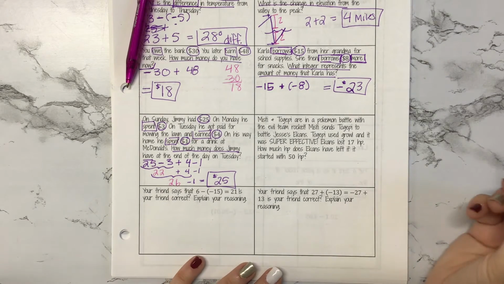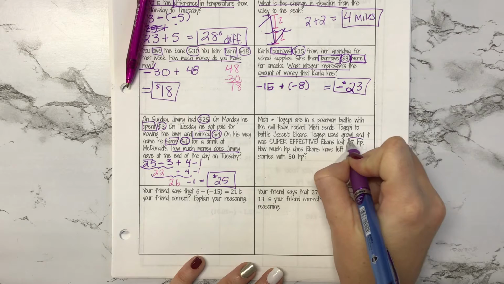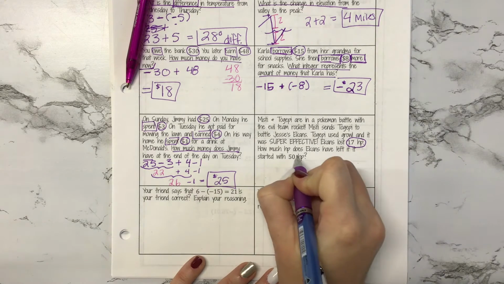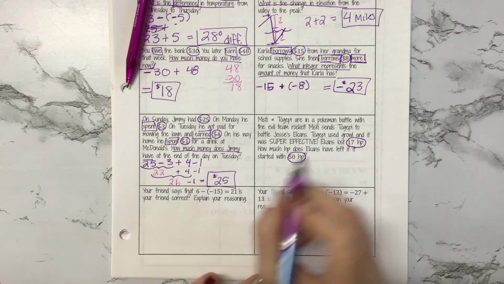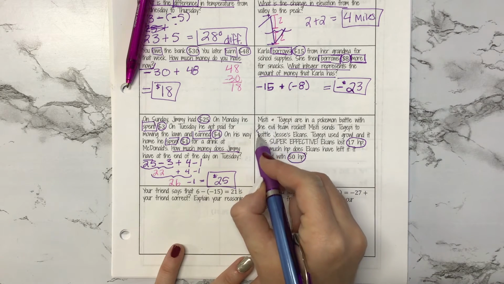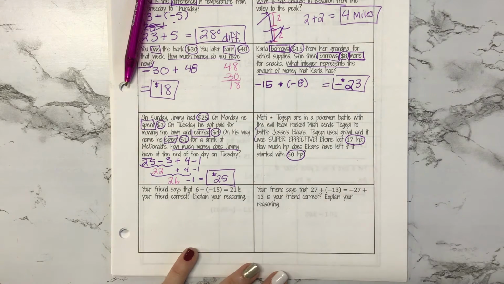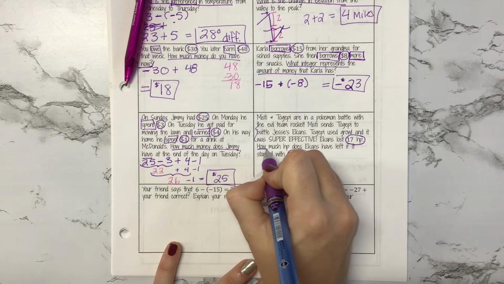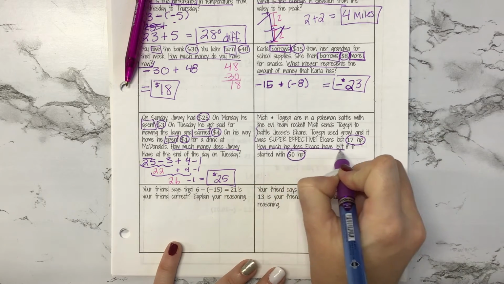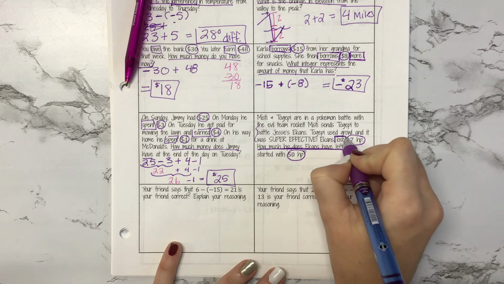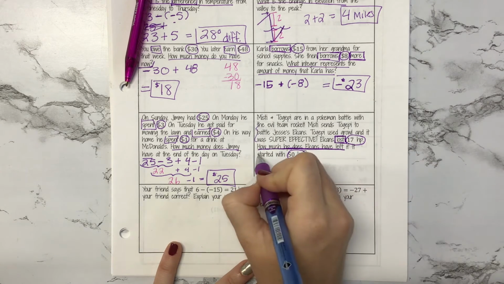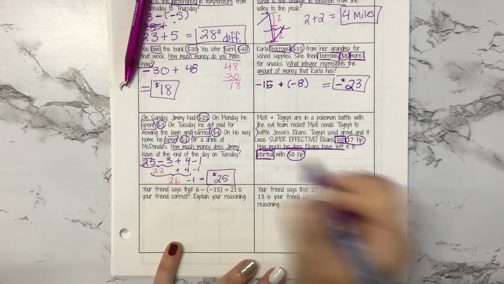So let's circle our numbers. Ekans lost 17 HP, but started with 50 HP. Okay, so all this stuff up here is just a description. We're looking for how much HP does Ekans have left. Okay. It lost 17, and it started with 50.